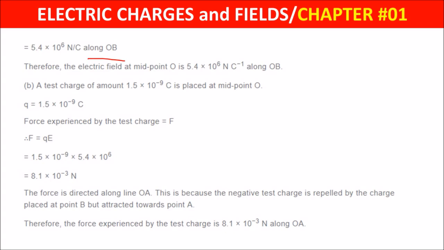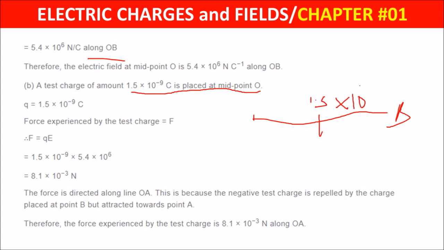A test charge of amount 1.5 is placed at the midpoint. This is point A, this is point B, and we are putting another charge of 1.5 into 10 to the power minus 9 at the midpoint of both charges.